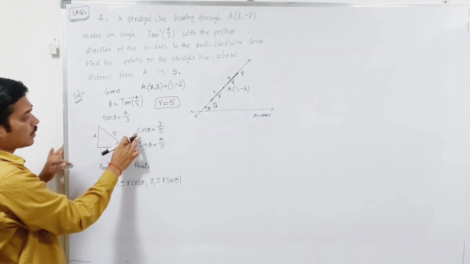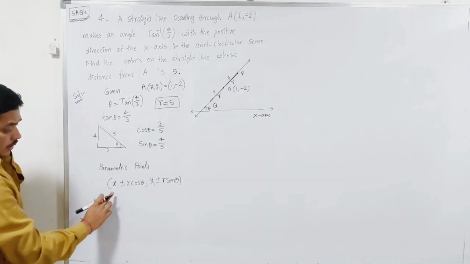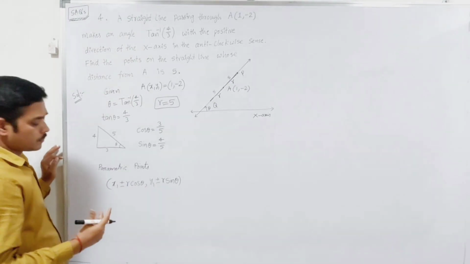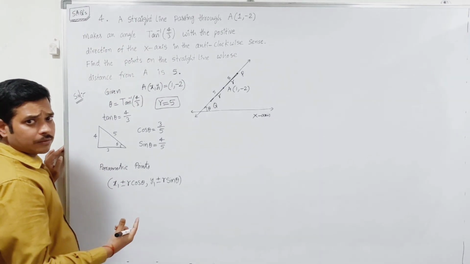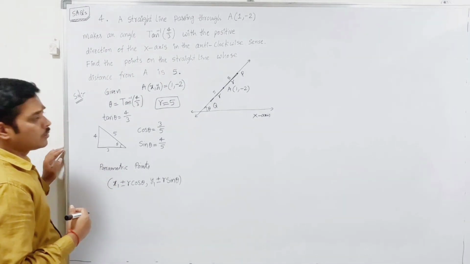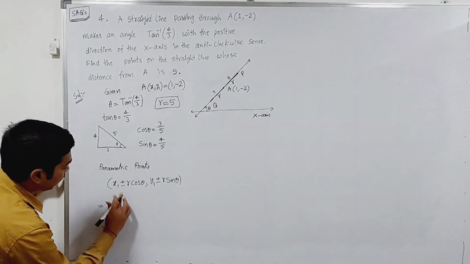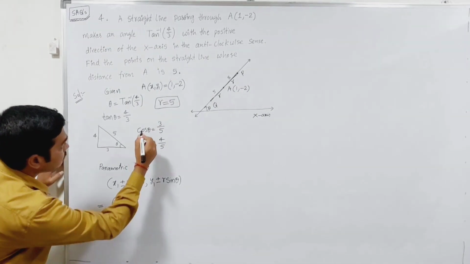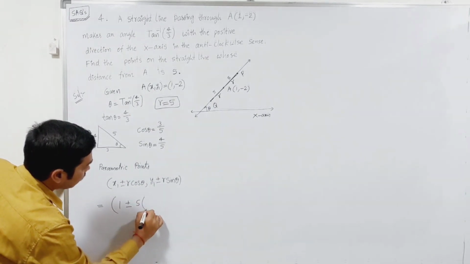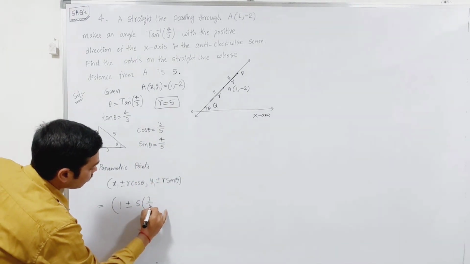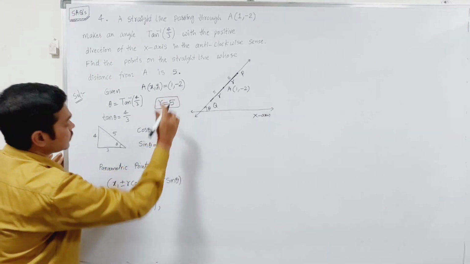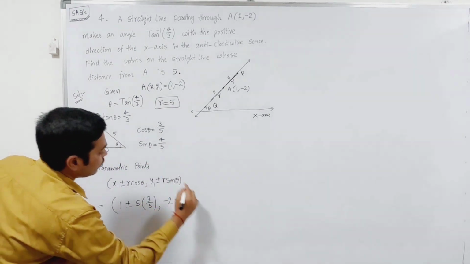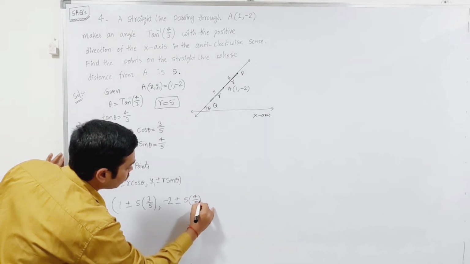From the inclination, we get the cos theta value and sin theta value. With x1 plus or minus r cos theta, y1 plus or minus r sin theta, we get the 2 points. By using the plus case and the minus case, we get the 2 coordinates. That is 1 plus or minus 5 into cos theta, which is 3 by 5, comma minus 2 plus or minus 5 into sin theta, which is 4 by 5.